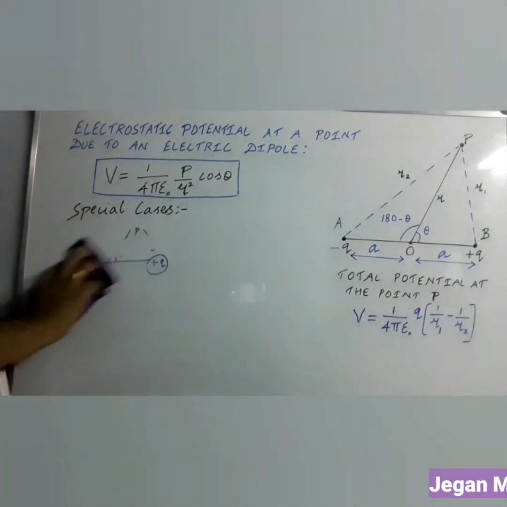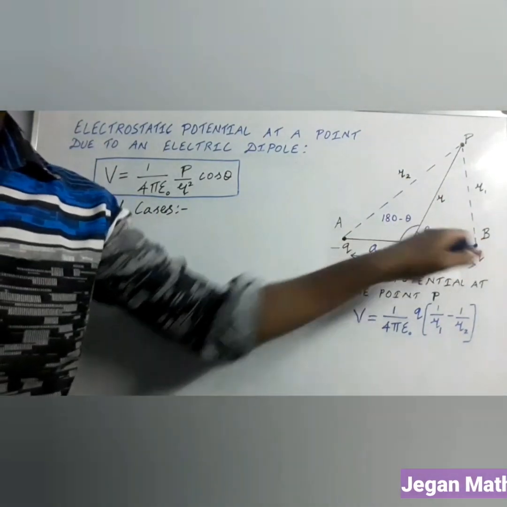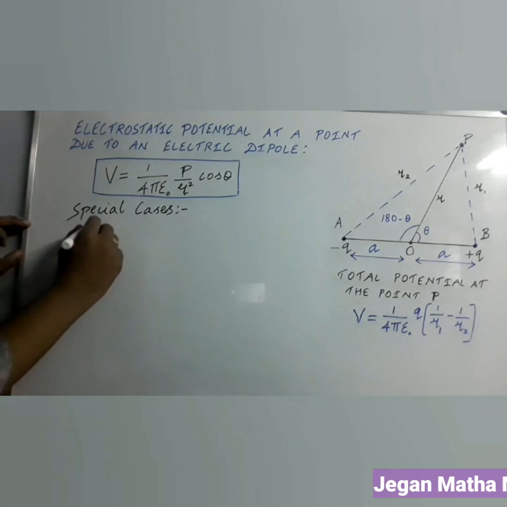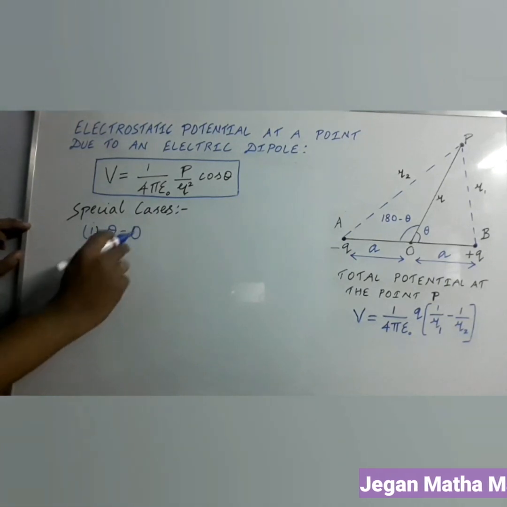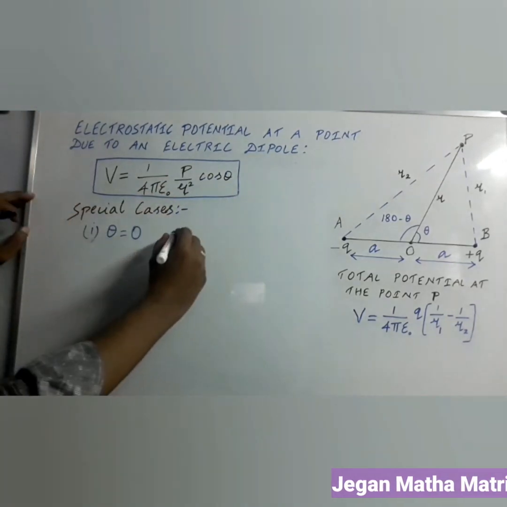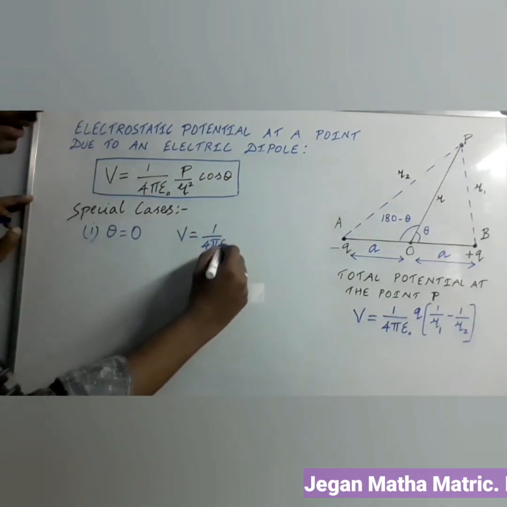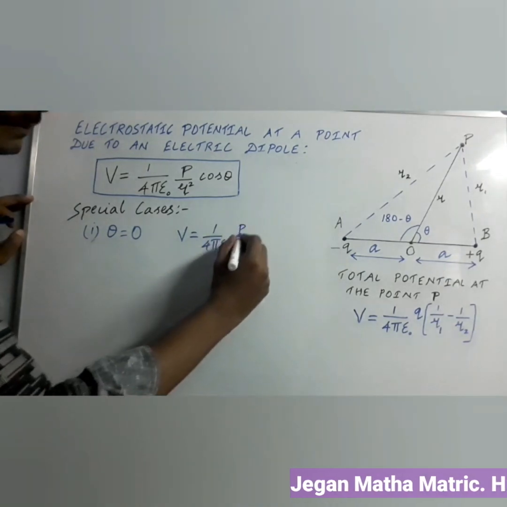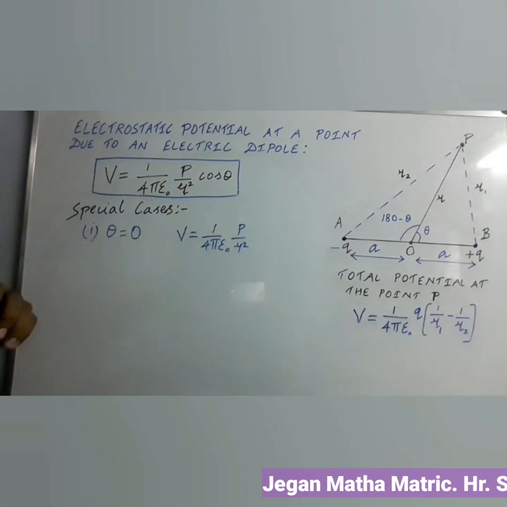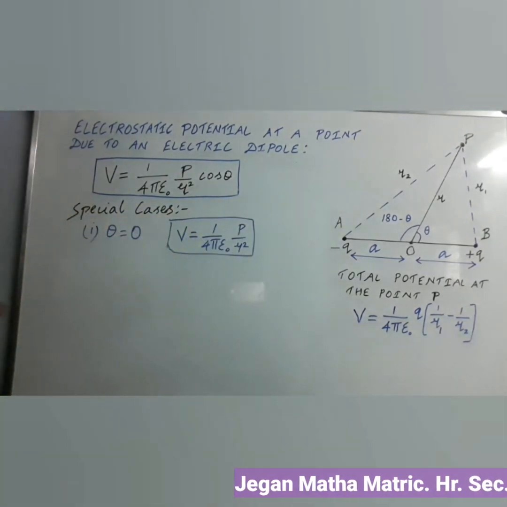So in that case, point P lies on the axial line at the side of the positive charge, there will be no angle, theta will be equal to 0. Now the 0 value can be applied here, cos 0. Then what will be the value of V, that is electrostatic potential? 1 by 4 pi epsilon naught P by r square cos 0, which is nothing but 1. So that has the maximum value. Electrostatic potential will be maximum here.